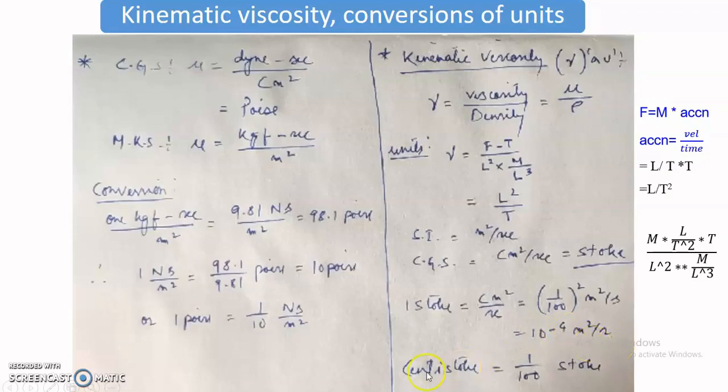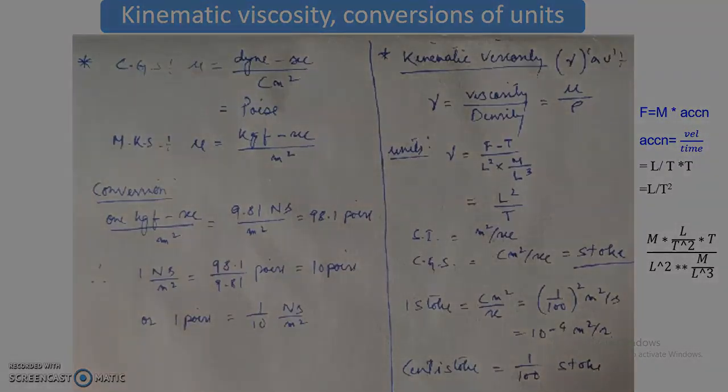And if you want it in centistokes, it will be 1 by 100 stokes. So such unit conversions you also have to keep in your mind for short answer type questions. Sometimes it is often asked in your exams, your competitive exams.